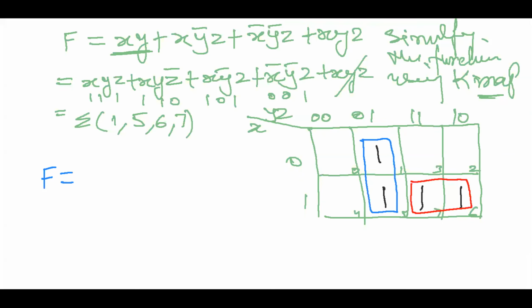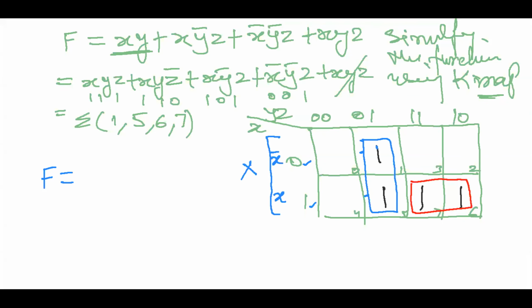When you are checking for the blue row wise, you will observe that for this first entry, the value of x is 0, which is x complement. And for the next one, it is changing to x. It means there is nothing common for this blue group from the row side, because the value of x keeps on changing. This is 0, this is 1. Nothing common x wise.